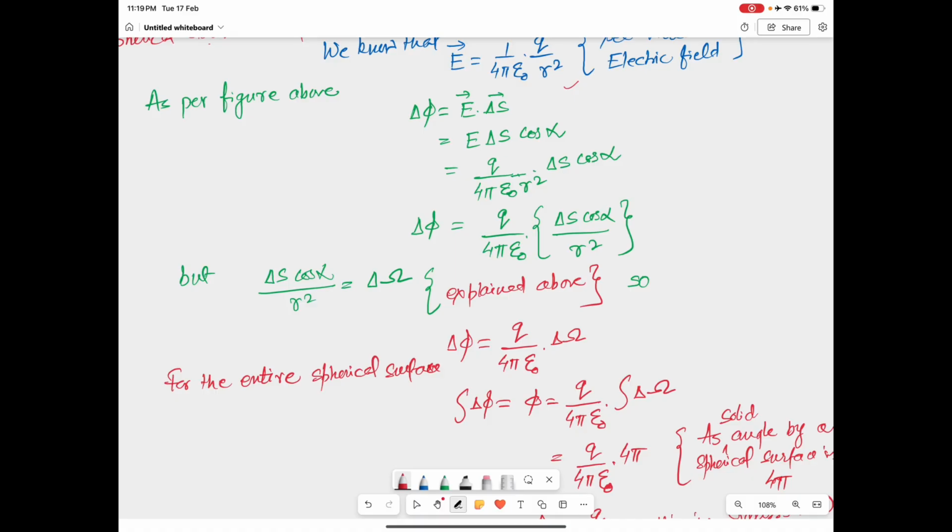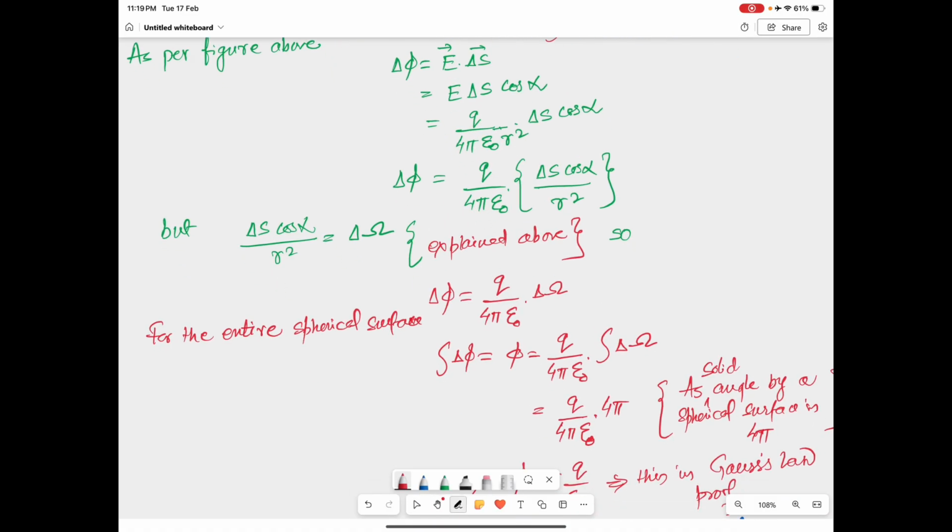Now to find the flux for the entire spherical surface, I integrate. As explained earlier, the solid angle subtended at the center of a spherical surface is 4 pi.